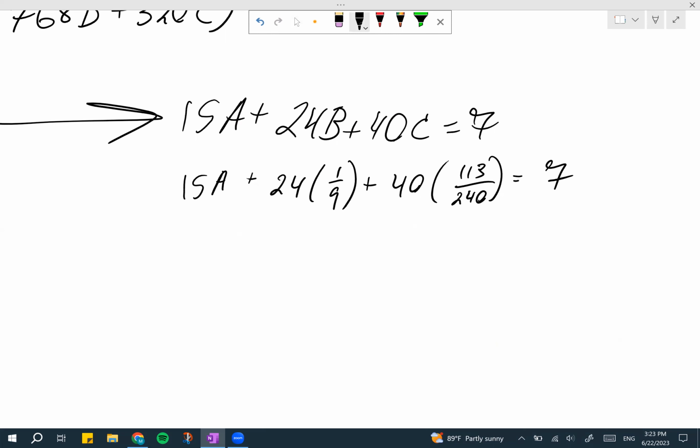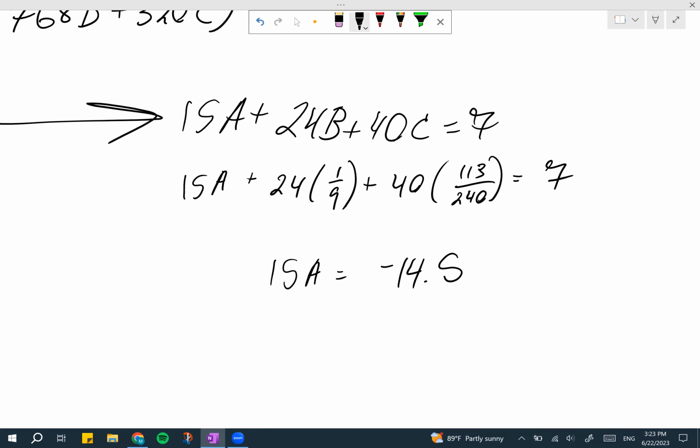Plugging this into the calculator, making sure that I plug this in right, we get 15a is equal to negative 14.5.